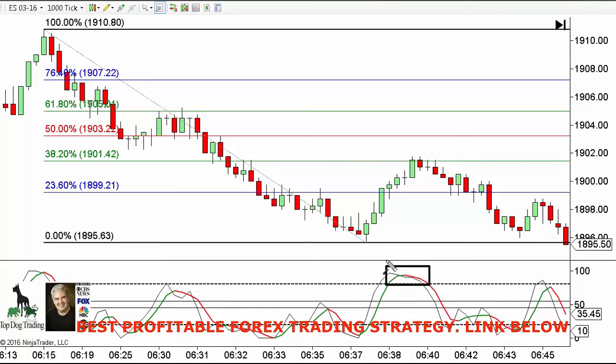The key element here is where it turns from green to red, right in there. And then we match that with the price level. So again, time and price. And that's what helps us determine that, all right, this is a good place to re-enter the market and go short. And that's how we do it.